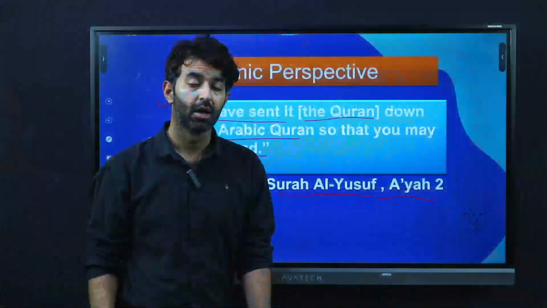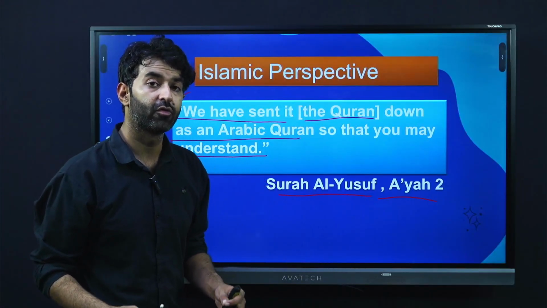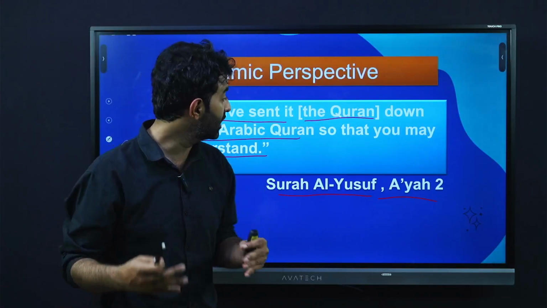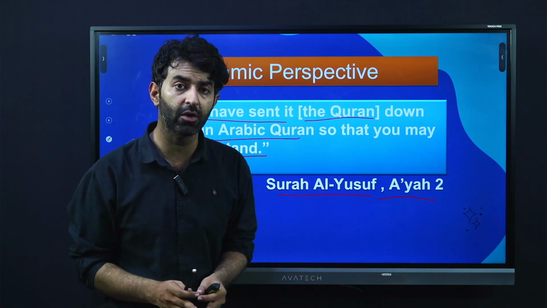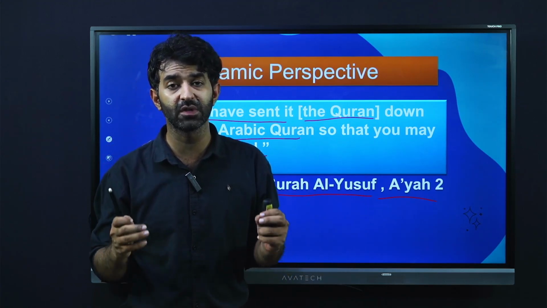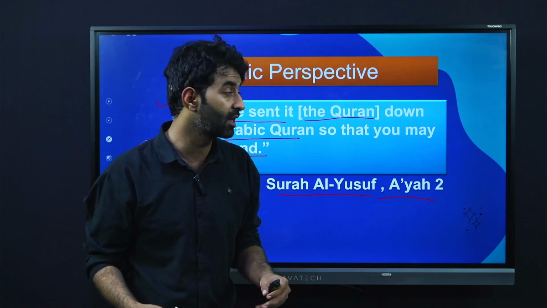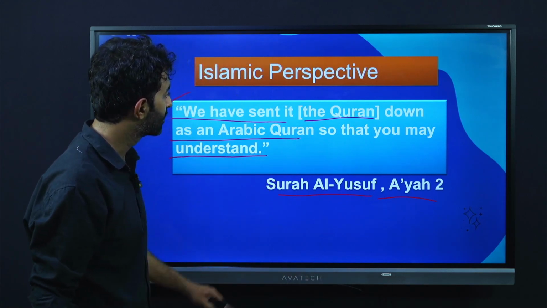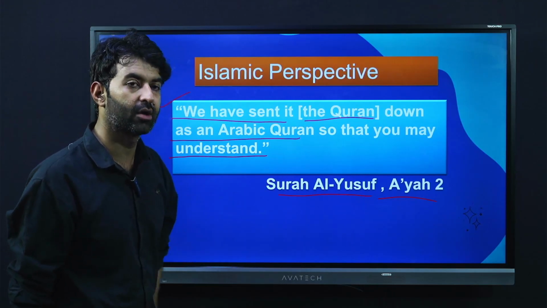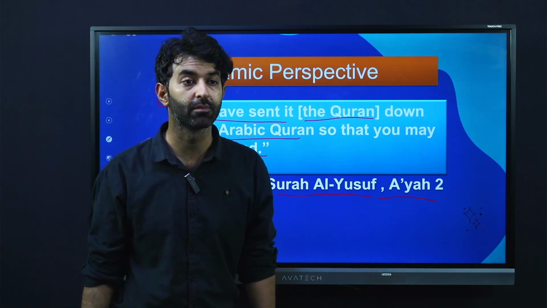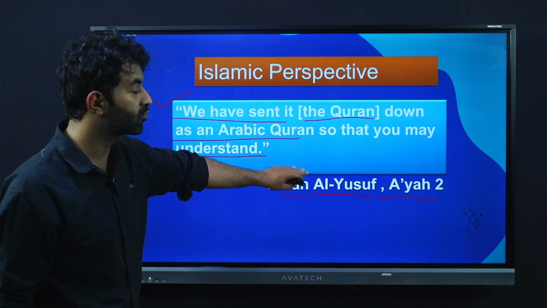Now, Allah is saying that we have actually revealed the Quran in the Arabic language because at that point it was easy so that you can understand it easily. Now, can you spot a pronoun in this verse?